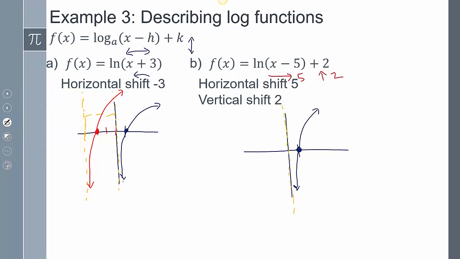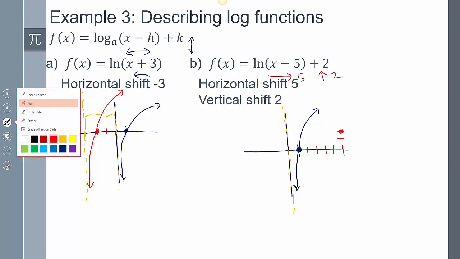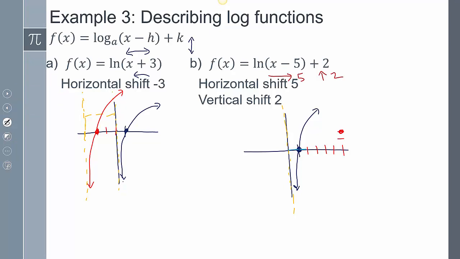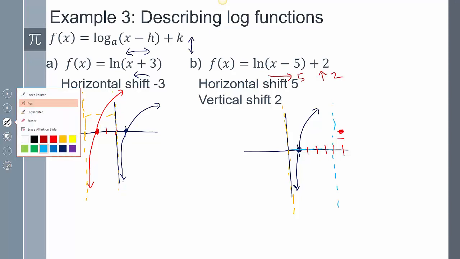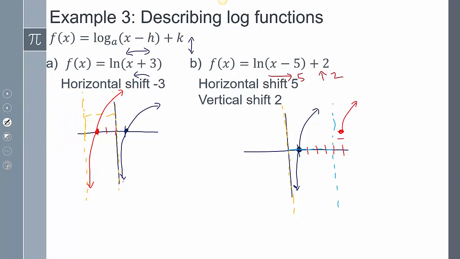So now, trying to graph this shift, it's moving over 5 spaces. So 1, 2, 3, 4, 5, and up 2. My vertical asymptote also shifts over 5 spaces. 1, 2, 3, 4, 5. And then I can draw the image right there. And so that's just a brief sketch of how you can still translate these due to the horizontal and vertical movements.